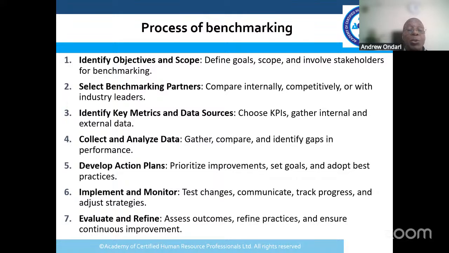So when you assign duties, you know who is responsible for doing what. For example, you have identified that there is a gap in measuring training effectiveness. For example, you have not been looking at the change in behaviors. So you have to assign duties to a staff member who will be assessing the behaviors of people after training.